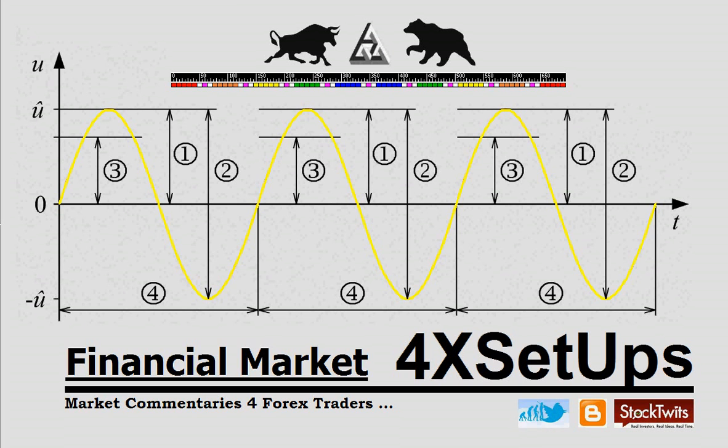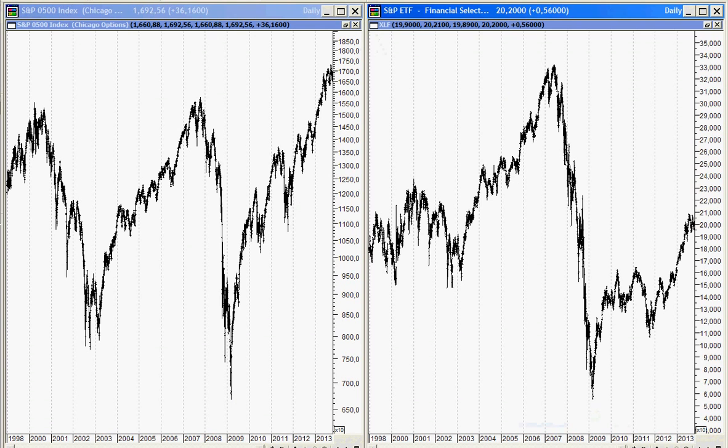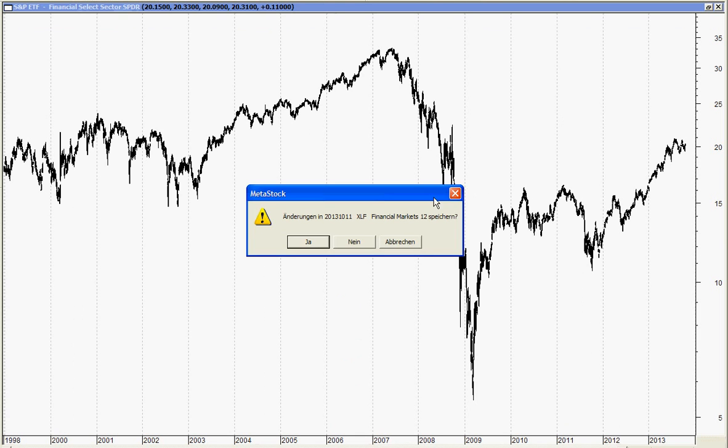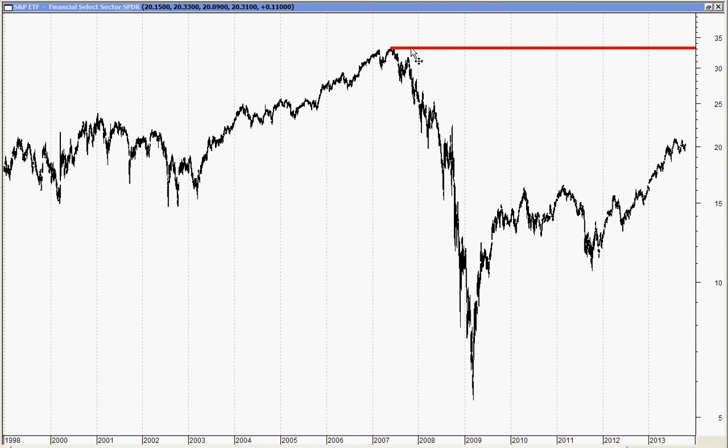Okay, traders, let's get a view of the financial sector. Here we go, all-time chart, and here we see the Financial Select Sector SPDR, the XLF. The high was at $33.19 and the lows a little bit above 5.